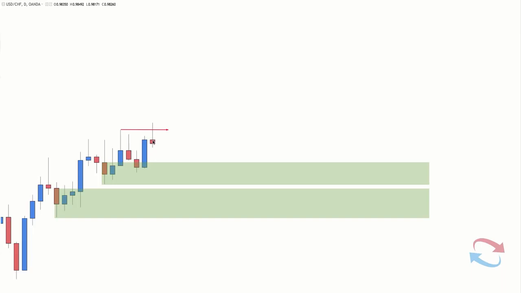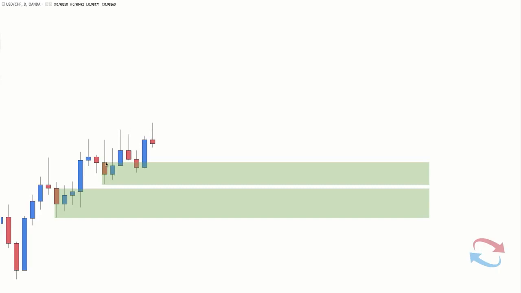Now again, you could draw a demand zone around here as well, as this would be the area where the last bearish candle was before prices did make a new high. But personally, I prefer to not draw it, as the demand zones can get a bit overwhelming on a price chart if you were drawing these types of demand zones.